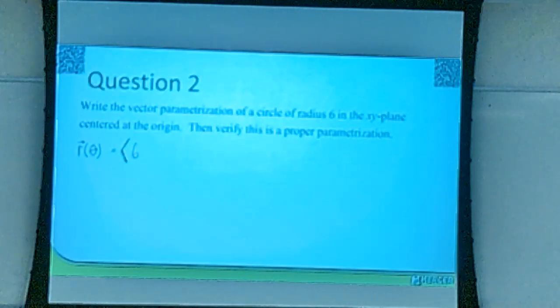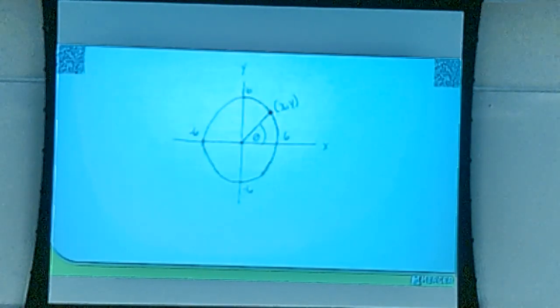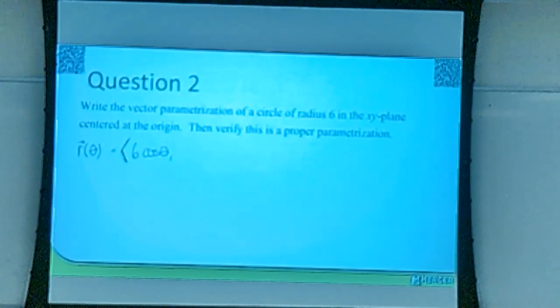What's the y coordinate? What's the z coordinate? It's 0. It's located on the xy plane, which is z equals 0.